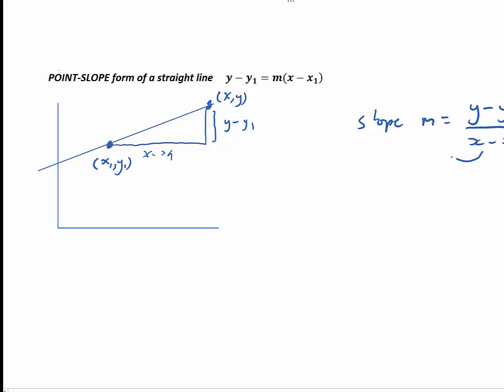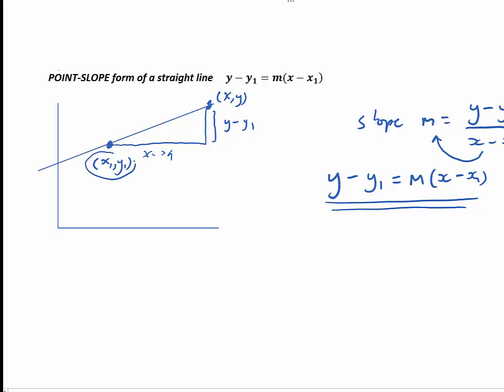And if I wanted to get rid of this division, all I'd do is multiply up, and I'd end up with y minus y1 equals m multiplied by x minus x1. And this is the most useful form to find the equation of a line if we know coordinates that lie on the line and information about the slope.